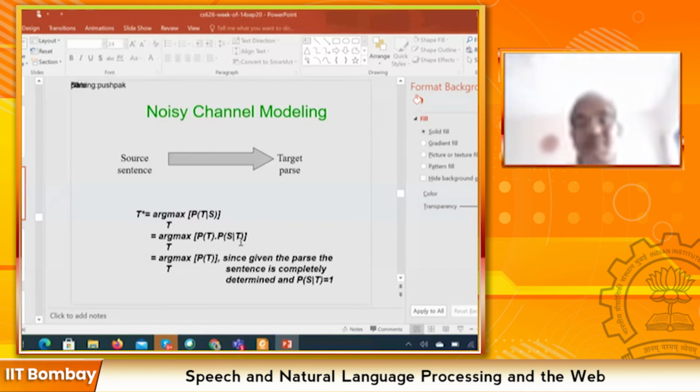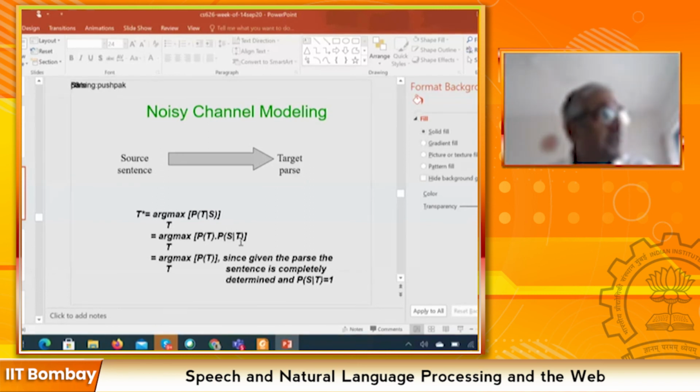Moving on to Rishi's doubt. The probability of a tree given a sentence can be equal to 0 for some trees, right? It can be.